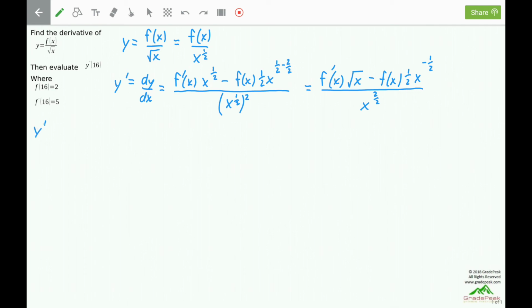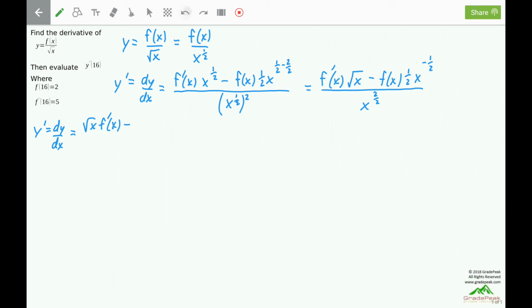So y prime, or dy dx, will equal, that first term I'm going to move the root x to the front, so I will call it root x and then f prime of x. And then we have minus, now in the numerator we will have this f of x and this 1.